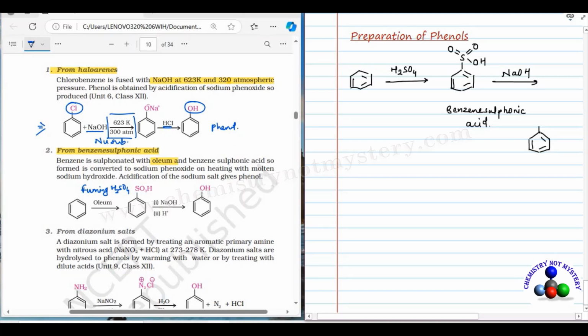Here this is sulfur, double bonded to oxygen, on the other side also double bonded to oxygen, and here Na. O carries negative charge, Na carries positive charge. So this is sodium benzene sulfonate.